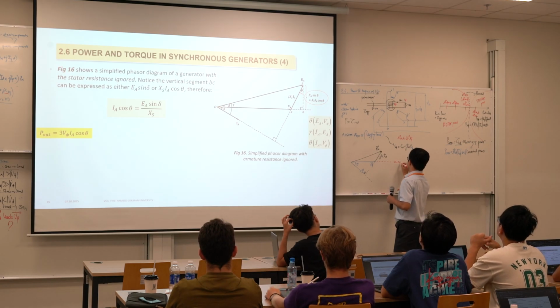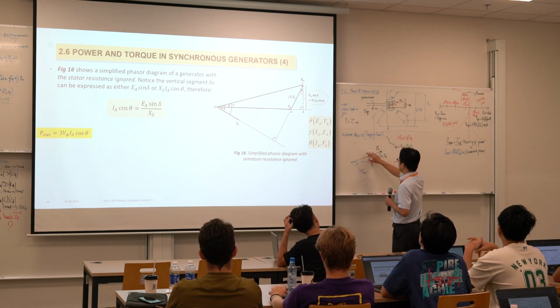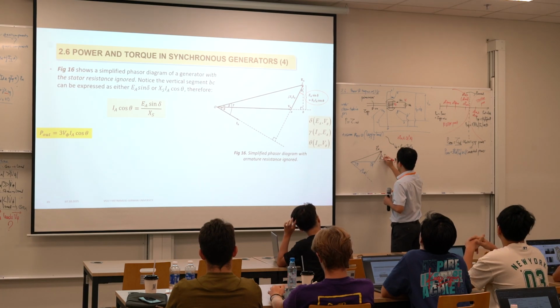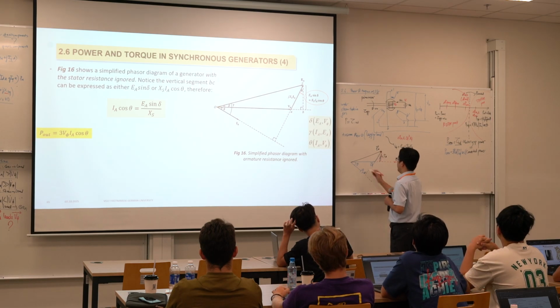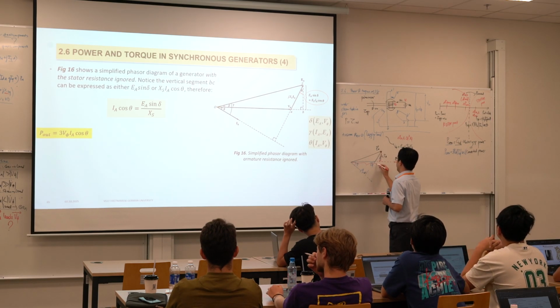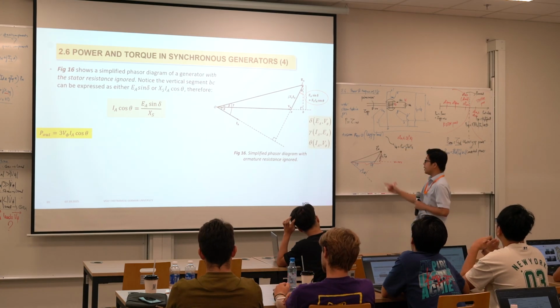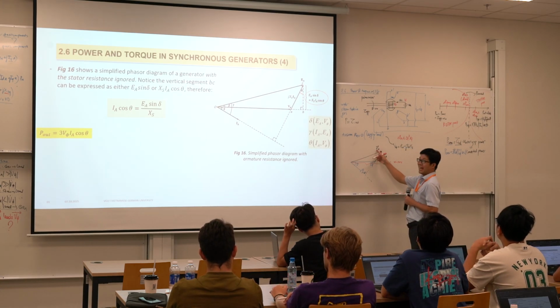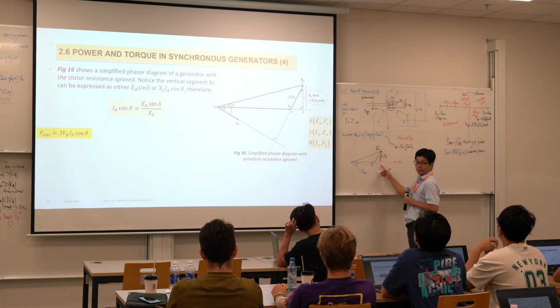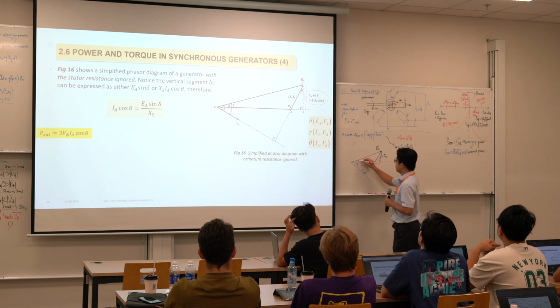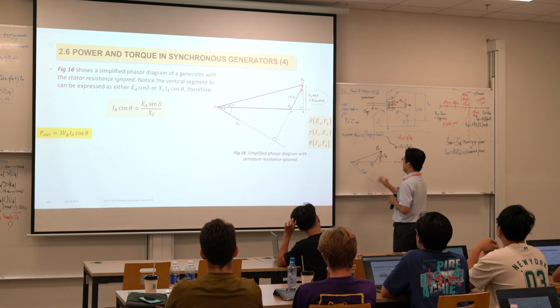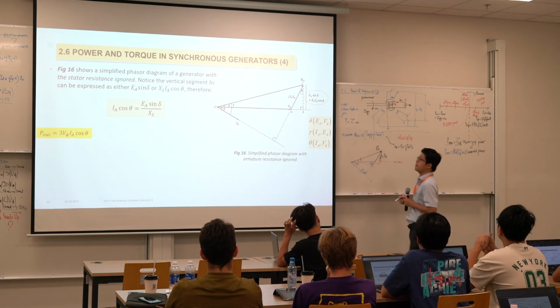I would like to find the projection of EA onto the x-axis. Here, this is the projection of EA onto the x-axis, and we know this phase angle is delta.